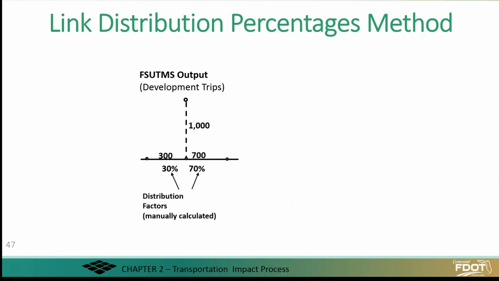We run the model, and we see, for instance, as the trips leave the development, in this case 1,000 trips leaving the development, 700 will head east, and 300 will head west. From that, we can determine that 70% of the site's trips will head east, and 30% will head west at that location where the project meets the roadway network.